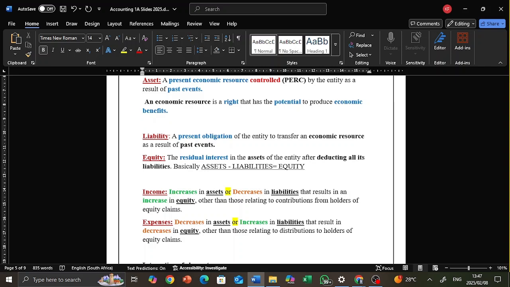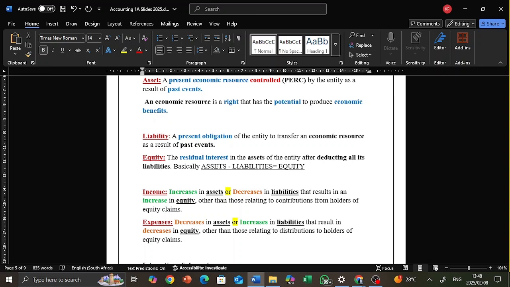That is a current asset, right? A non current asset, please remember these words because I'm going to show them to you when I show you the statement of financial position. Okay? A non current asset is an asset that is expected to be within the entity for more than 12 months. Okay? 12 months or more for it to be non current.